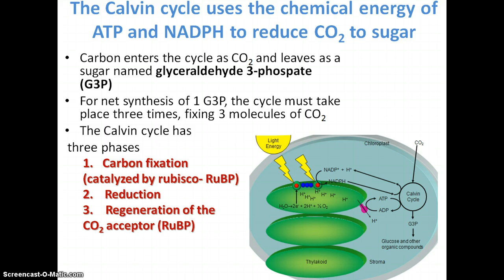Our second step is a series of reduction reactions, and in that reduction reaction, we get to our production of the G3P. The third phase of the Calvin cycle is the regeneration of the CO2 acceptor, which is RuBP, or the Rubisco.